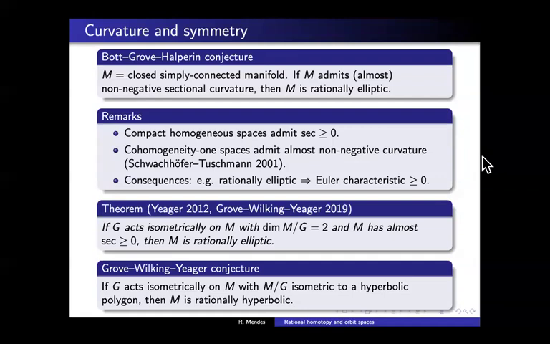It's natural to conjecture that by the way that the theorem was proved, but maybe I won't get too much into detail on that. So that's the central thing in this project.